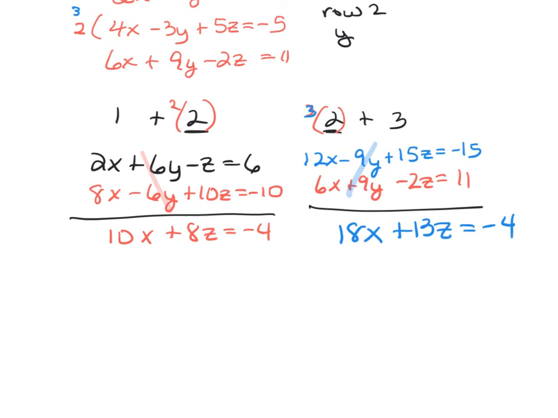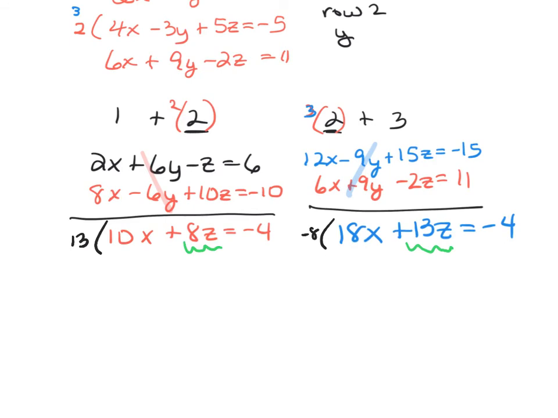All right, so now I need to get either x or y to have the same number. So let's try to do z. So I'm going to multiply this equation by 13 and this equation by negative 8.